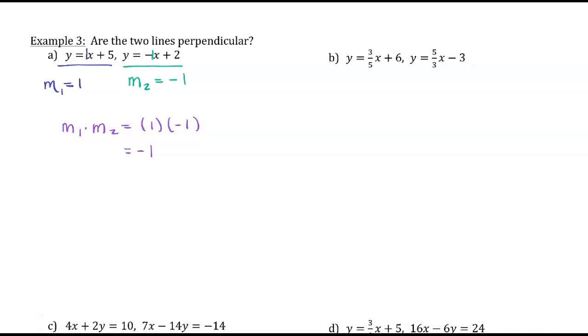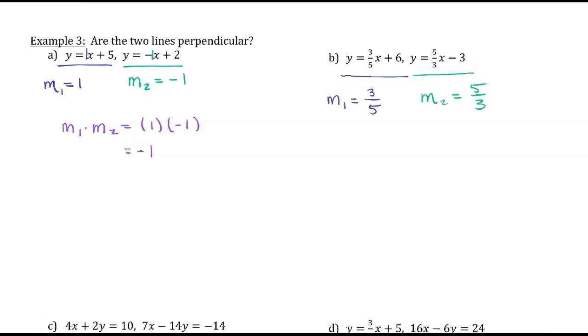In part B, we have two more lines. The first one is y equals 3/5x plus 6. The slope of that line, we'll call it m1, is equal to 3/5. Our second line, y equals 5/3x minus 3. Our slope here, m2, is equal to 5/3.